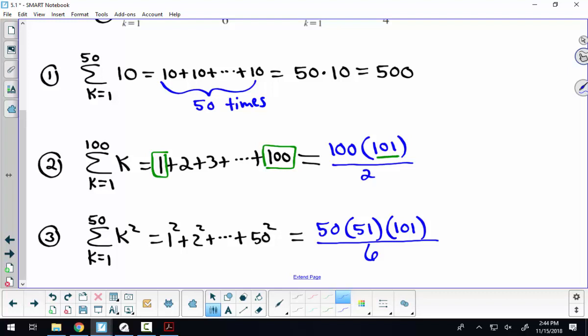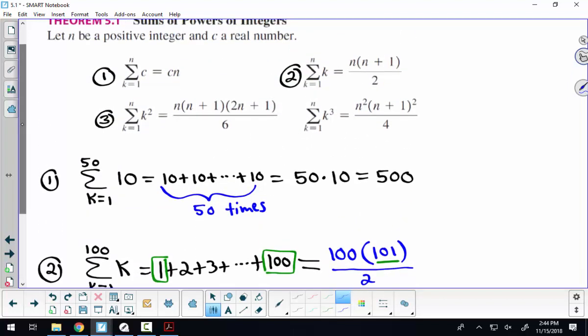And then the fourth one is for the sum of the first n integers cubed. Notice that formula is the one above it, just squared. So n squared times (n plus 1) squared over 2 squared, or over 4. We'll call that one 4.